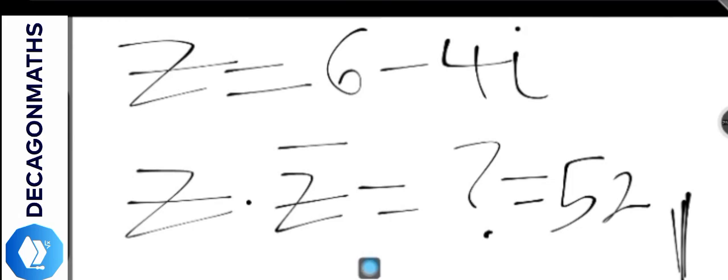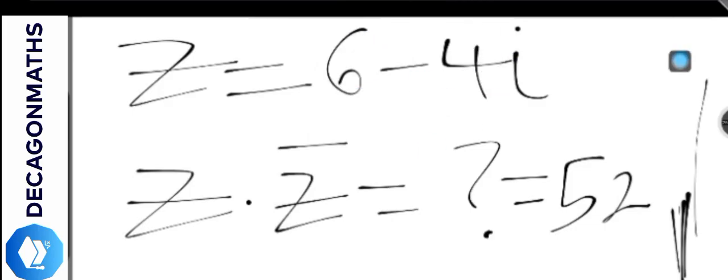So we don't need to actually write the conjugate and start multiplying before we can know that, since we already said that the product of z and its conjugate will just be what we have here, 6 square plus the square of minus 4.